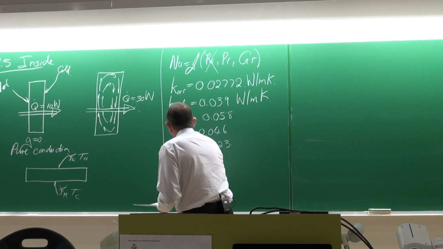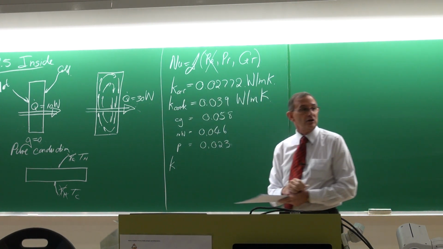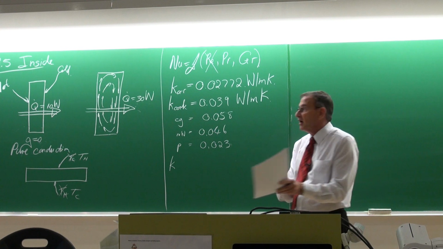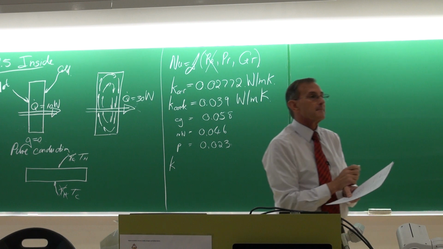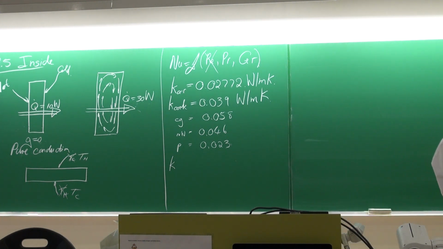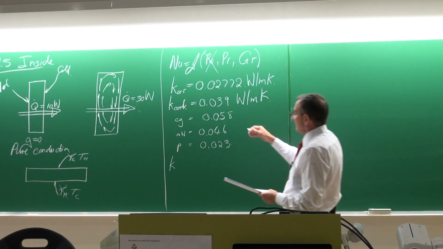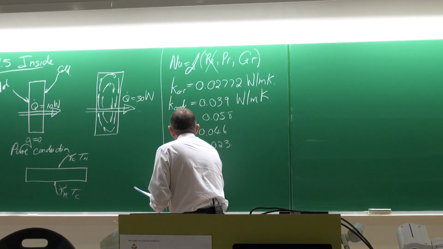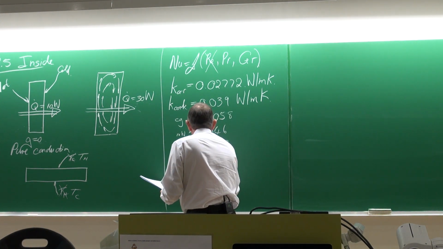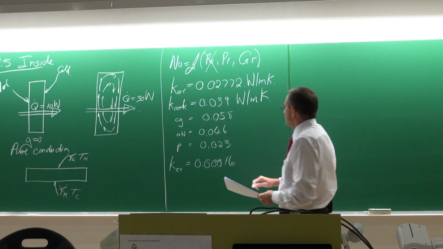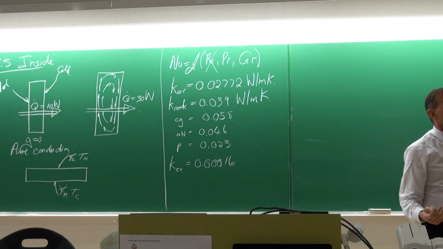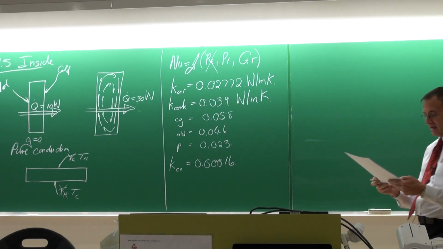However, if you really want to get low values of K, you need to evacuate this air out of that cavity. So you need to evacuate it. So just to give you an idea, when you start evacuating it, then the thermal conductivity would drop to 0.00016. So there, for the first time, you've got a material with a K value lower than that of air.